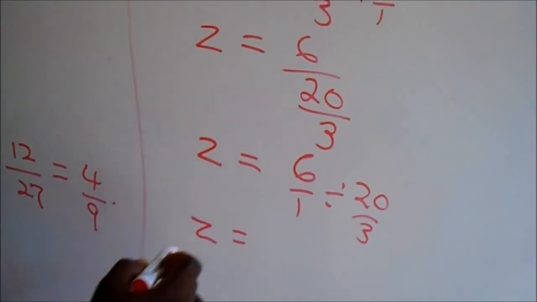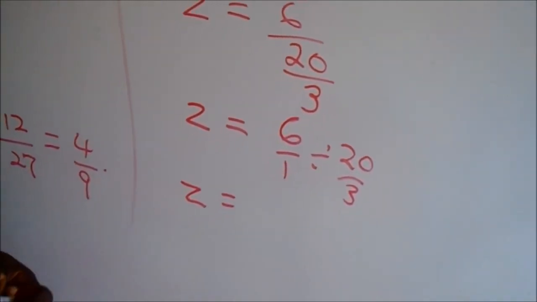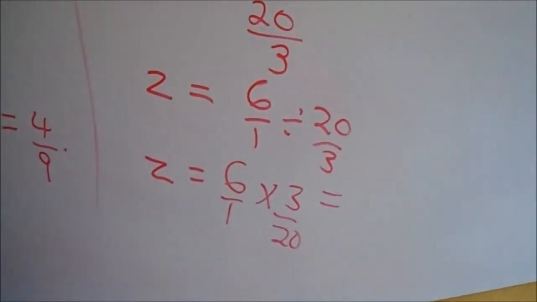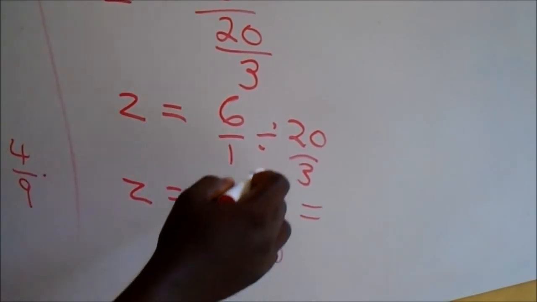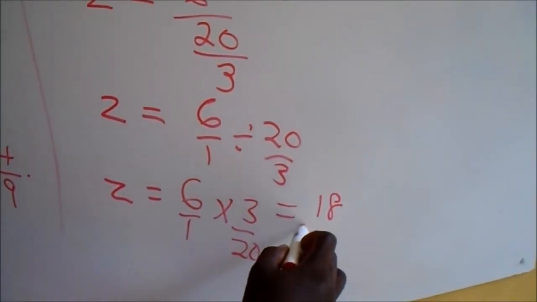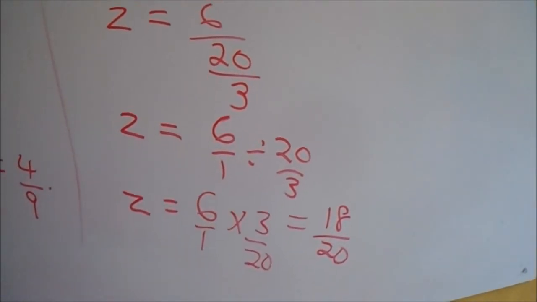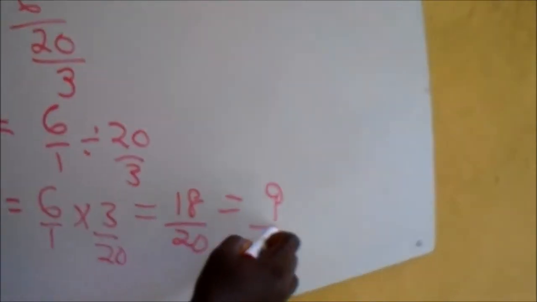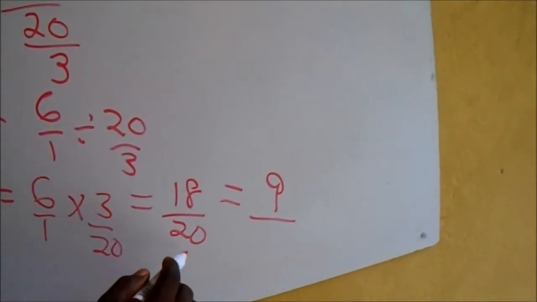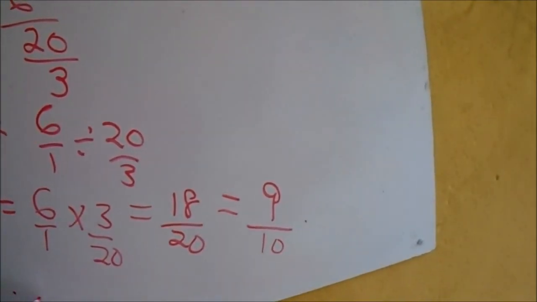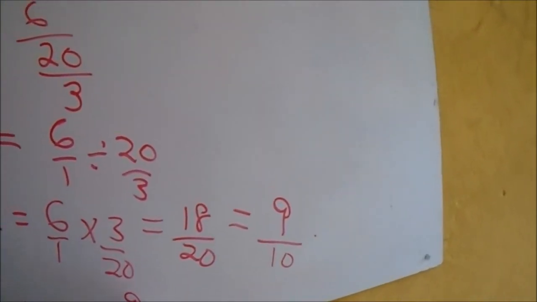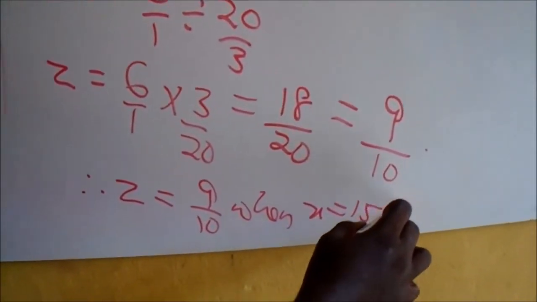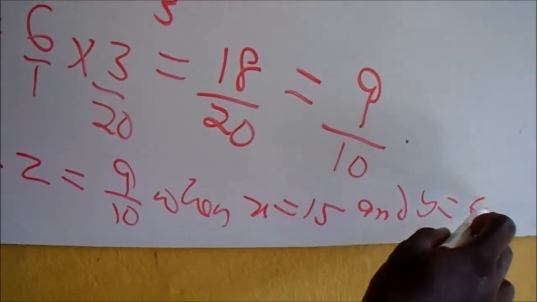In other words, if you take the reciprocal of the term on the right hand side, that is 20 over 3, we find that this will be 6 times 3, divided by 20, which is 18 over 20. If we simplify that, 2 goes into 18 nine times and into 20 ten times. Therefore, z is equal to 9 over 10 when x is 15 and y is 6.